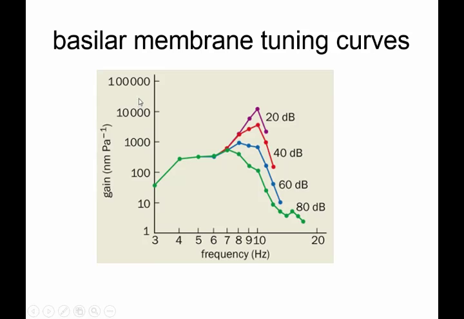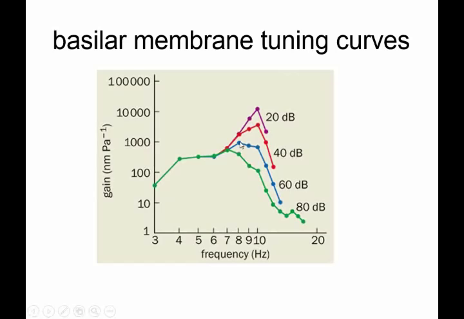You see this is a logarithmic axis, and we can get quite high gains in nanometer per Pascal, that is. The green one is very loud sound. You see that you get response from all frequencies. At 10 kilohertz, you get 3 kilohertz, 4 kilohertz, 5 kilohertz. They all will result in some response at this place.